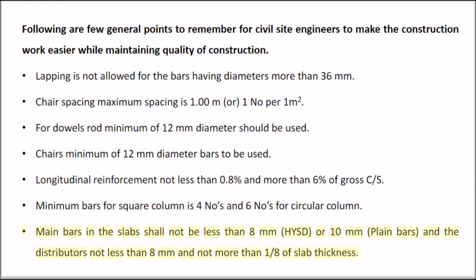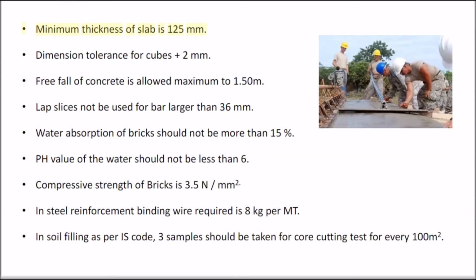Main bars in the slabs shall not be less than 8 mm HYSD, or 10 mm plain bars, and the distributors not less than 8 mm and not more than 1/8 of slab thickness. Minimum thickness of slab is 125 mm.